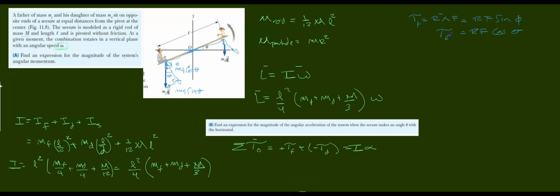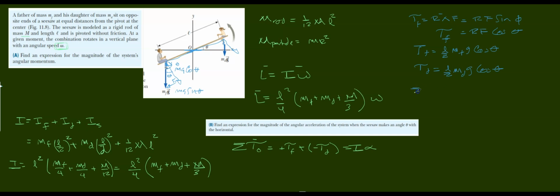The torque of the father, I just have to put, is the r, which is L over 2, the force, which is m father g, and then cosine of theta. And that's positive. The torque of the daughter will be the same thing, L over 2, mass of the daughter g, cosine of theta, right?